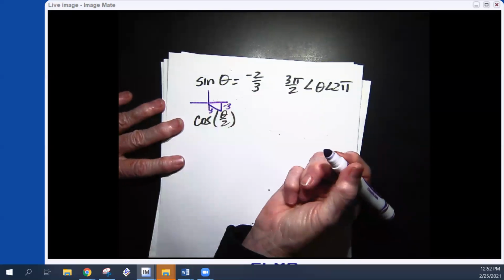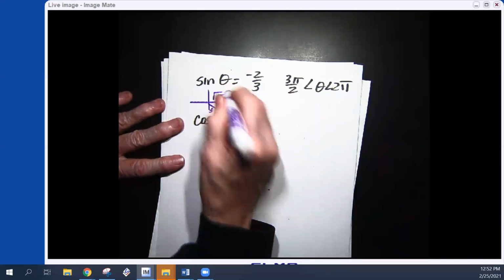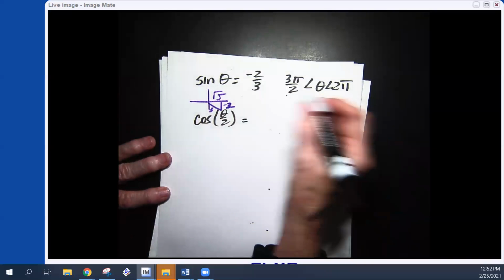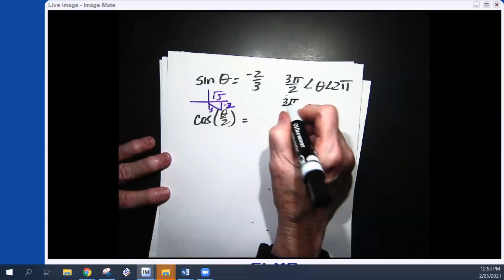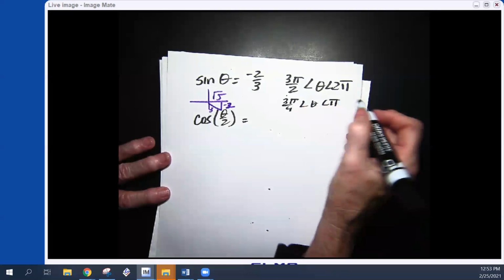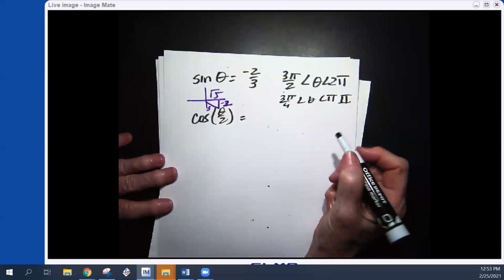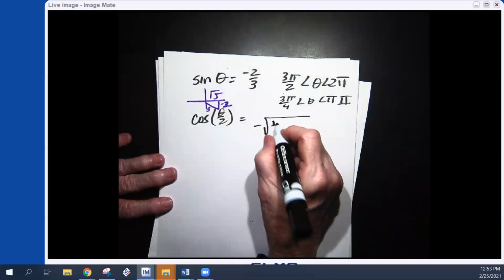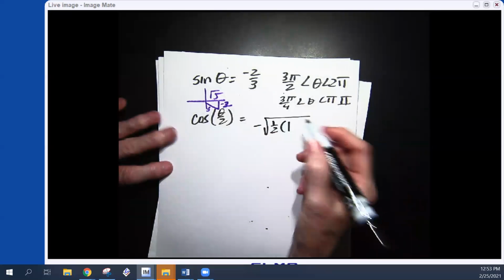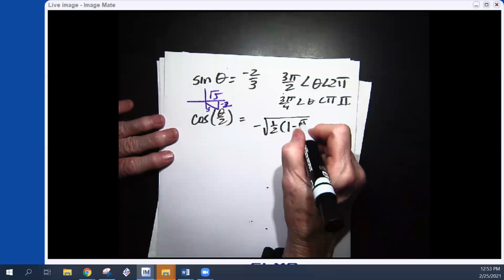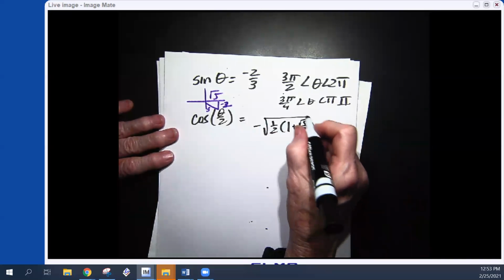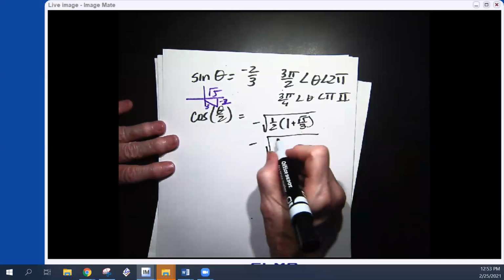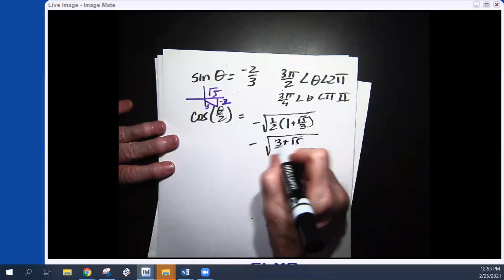This would be 3. And this is root 5. So divide by 2. So this is 3 pi over 4 to pi, so we're going to be in quadrant 2 again. So quadrant 2 is negative square root of 1/2 times 1 plus root 5 over 3, which is going to simplify to the square root of 3 plus root 5 over 6.